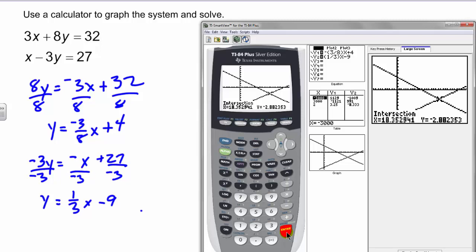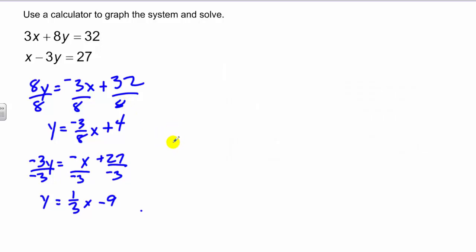The drawback to using graphs is that you get these decimal approximations. And if I did this algebraically, I could find the exact fraction where those intersect. But we're going to use a calculator for now. So a solution, once again, of 18.35, and that's going to be for our x value.